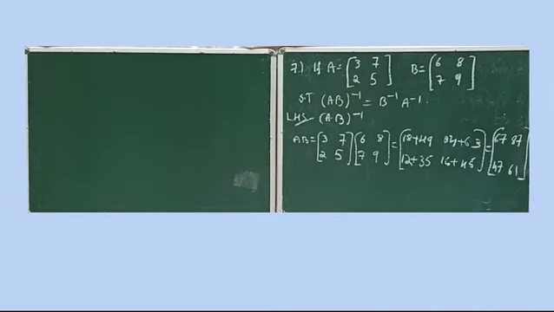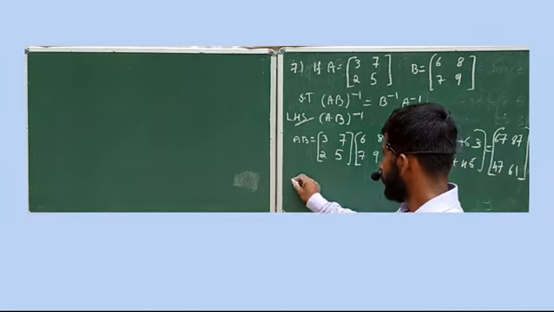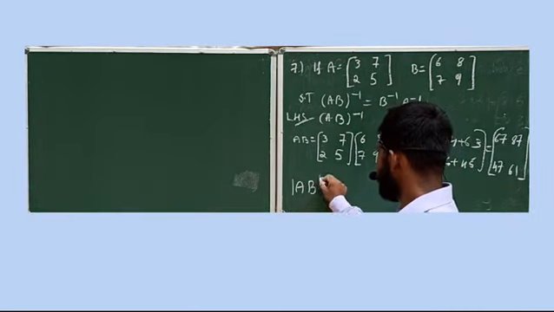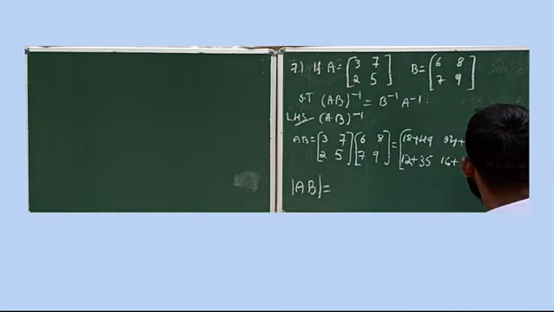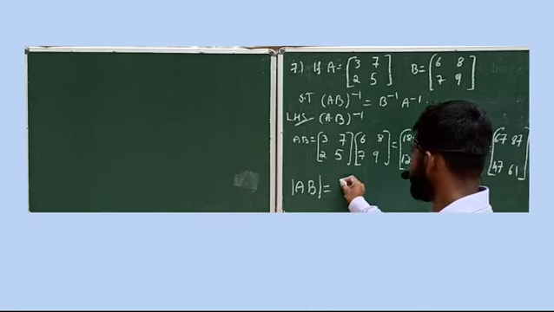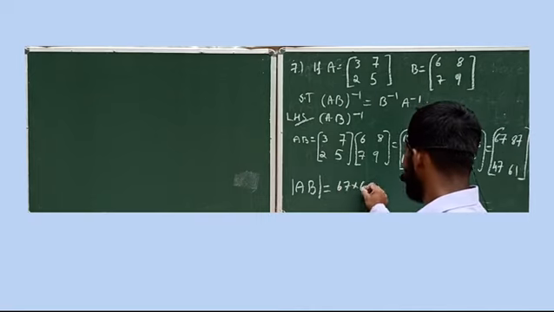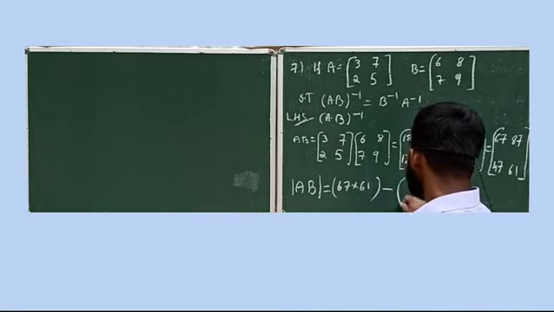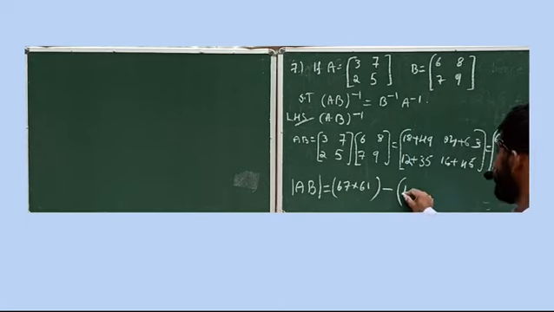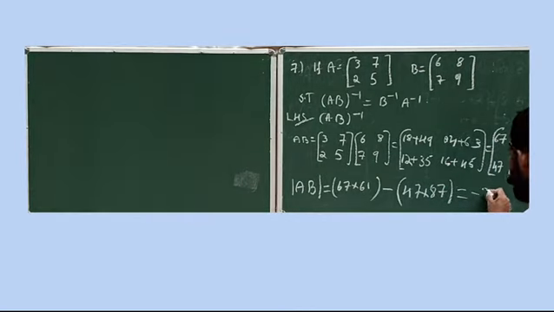Now what you have to calculate? Determinant AB. Determinant AB is equal to product of diagonal entries 67 into 61 minus product of non-diagonal entries 47 into 87. If you simplify this, you will get minus 2.